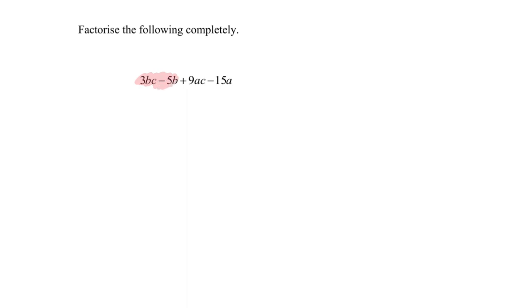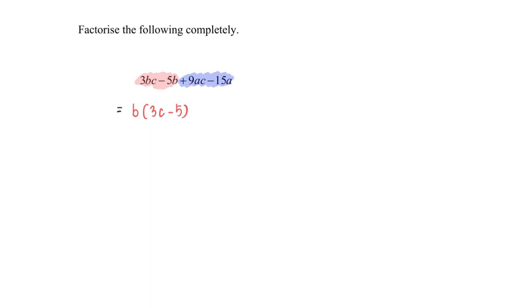So if there's no common factor, then you try to rearrange the terms such that you will be able to get common factor within a group. Okay, so in this case I saw that b is a common factor. I'm left with 3c minus 5.